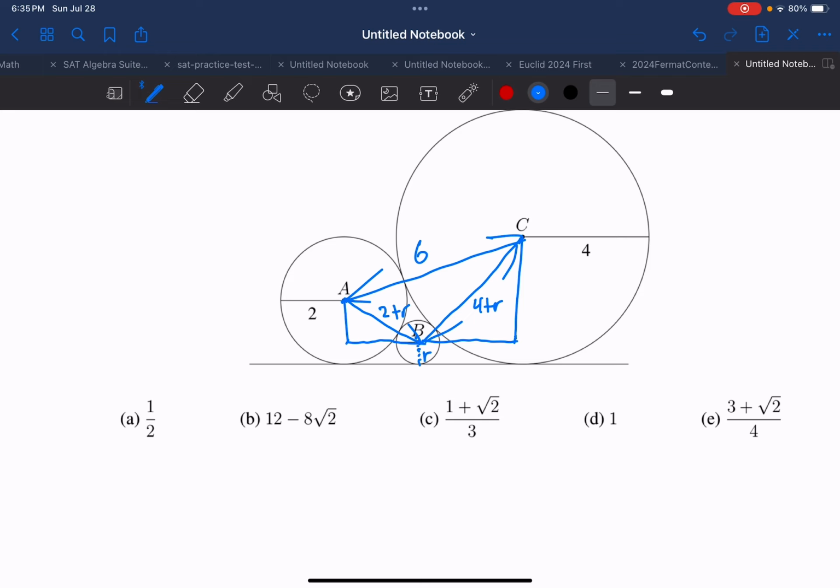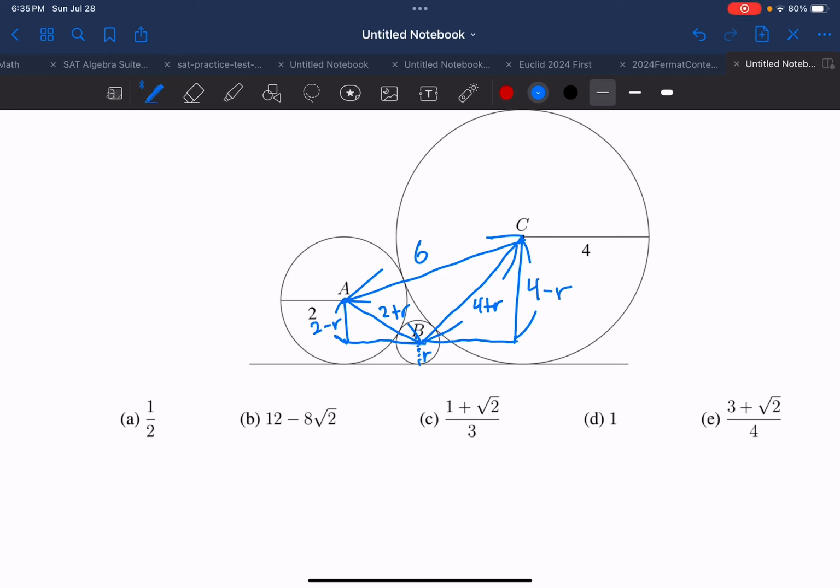And we also know that the length from A to this little part is 2 minus r, since we're subtracting the B radius from the whole A radius. And same concept, the length here would be 4 minus r as well.